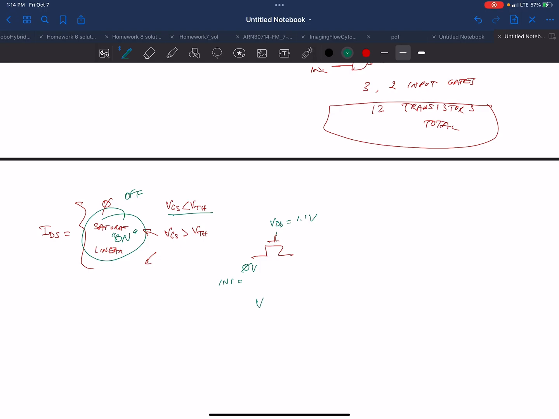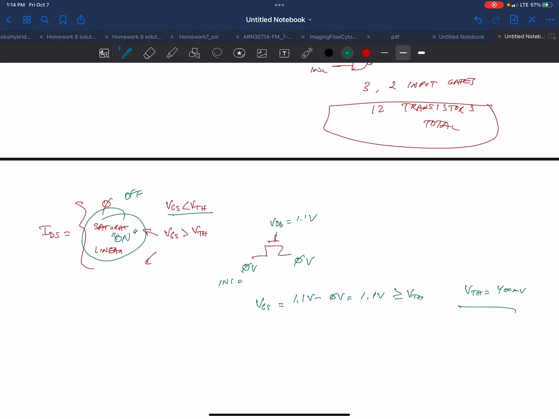Well, V gate source of this transistor is 1.1 volts minus 0 volts, which is equal to 1.1 volts, which is greater than or equal to V threshold of this transistor. Let's say the threshold is, call it 400 millivolts. Okay, so that's fine. So basically, this transistor is on, and I get 0 volts going across.